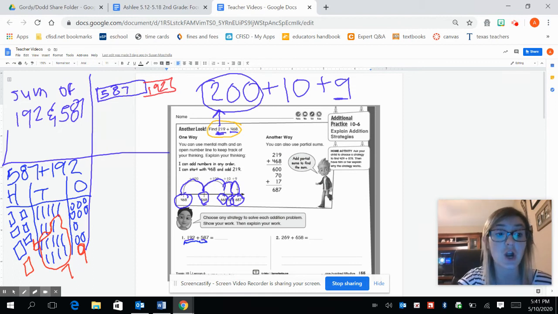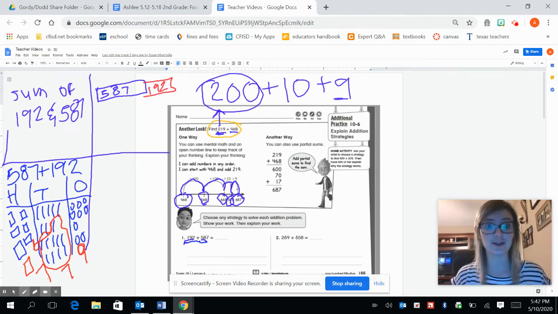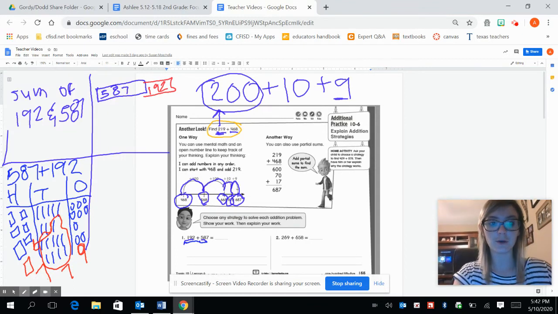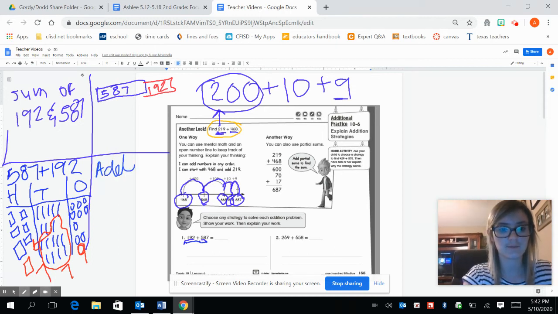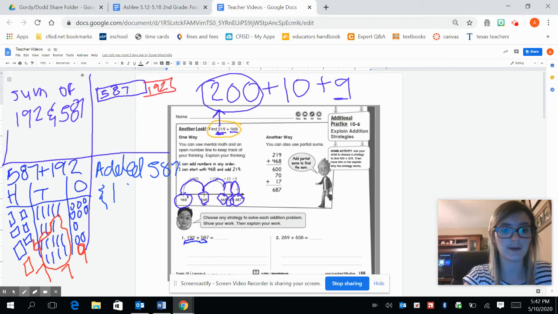And let's count our hundreds. 1, 2, 3, 4, 5, 6, 7. So our answer here is 779. So we added 587 and 192 to equal 779.